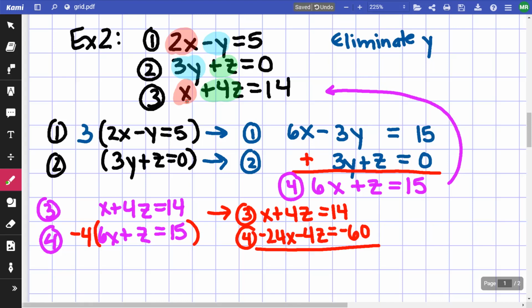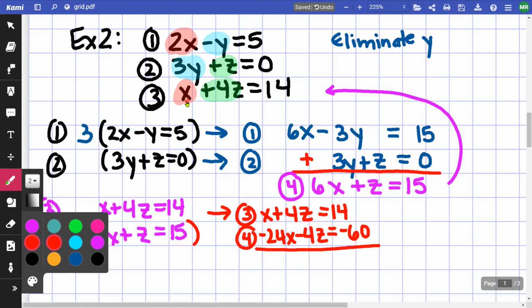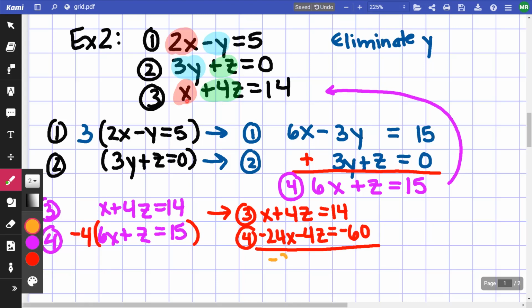I am going to end up with -23x equals -46. I'm going to divide both sides by -23, and I get a 2. I get that my x is 2.